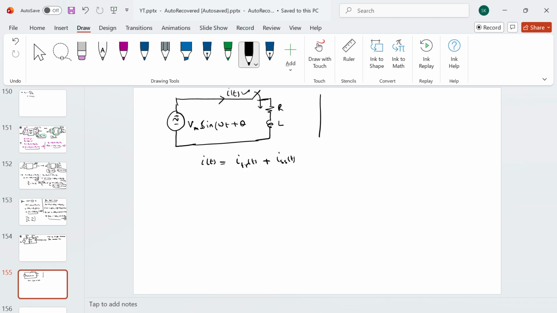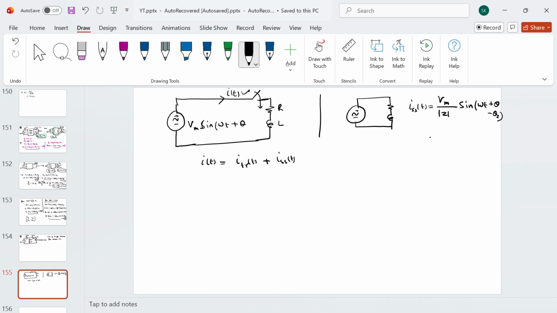Let's say you had only this R and L circuit and the same voltage source, and this circuit is operating at steady state. Then your steady state current will be Vm by mod Z sine omega t plus theta minus theta z.